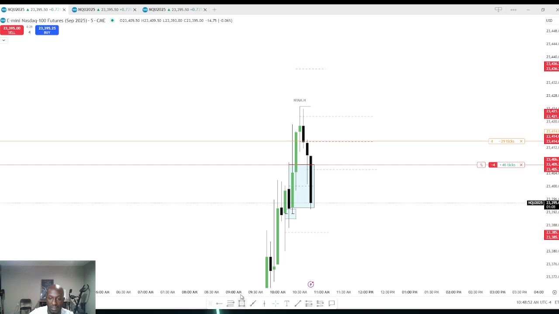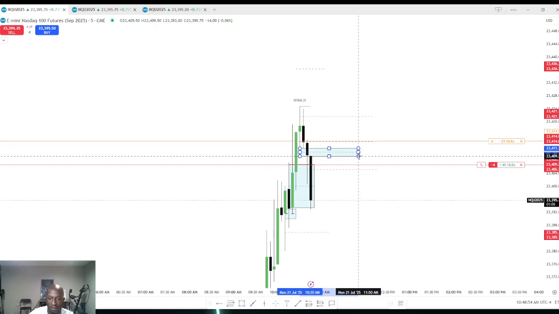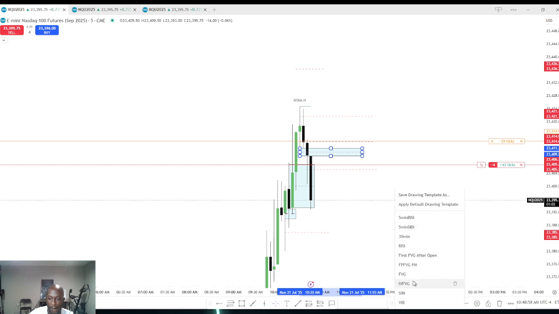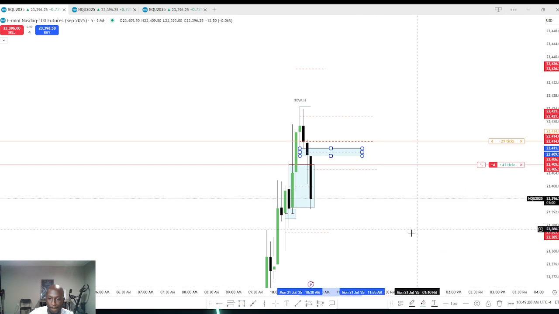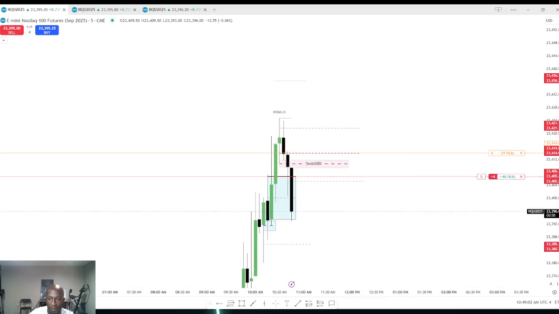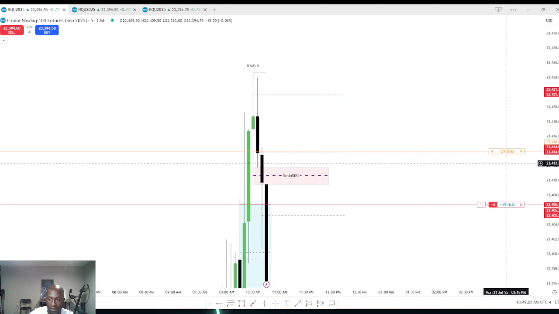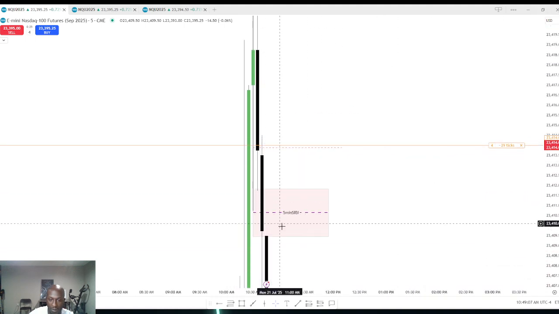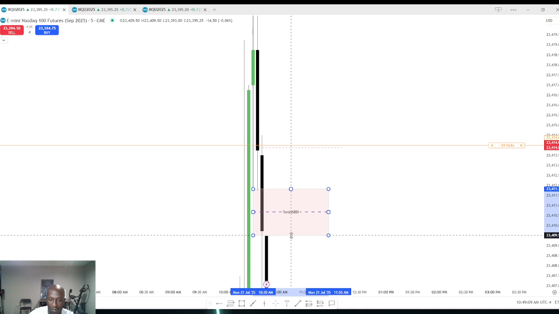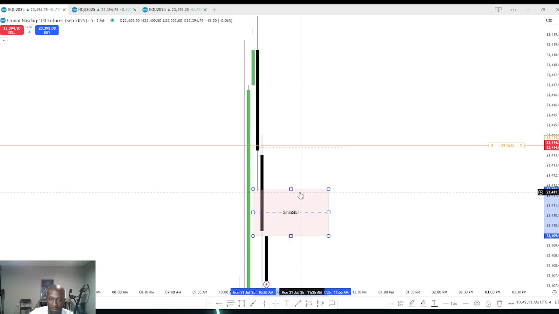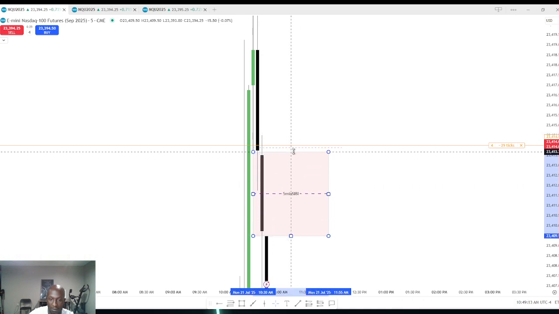So as of right now, as it sits, this would be our SIBI on a 5-minute. That's our SIBI right there. Technically, it's all the way up here.